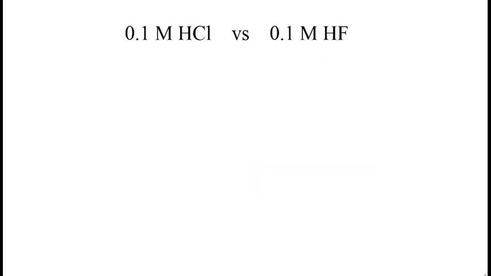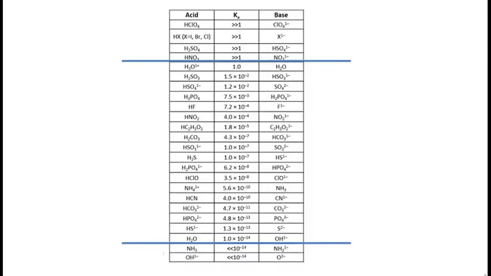Next, we have two solutions of the same concentration, but different materials. We should recognize both of them as acids since they both have the hydrogen at the front of the formula. They are both acidic, both the same concentration, but here's where the strength of the acids can play a role. We first find HCl near the top of the chart, while HF is closer to the middle of the column.